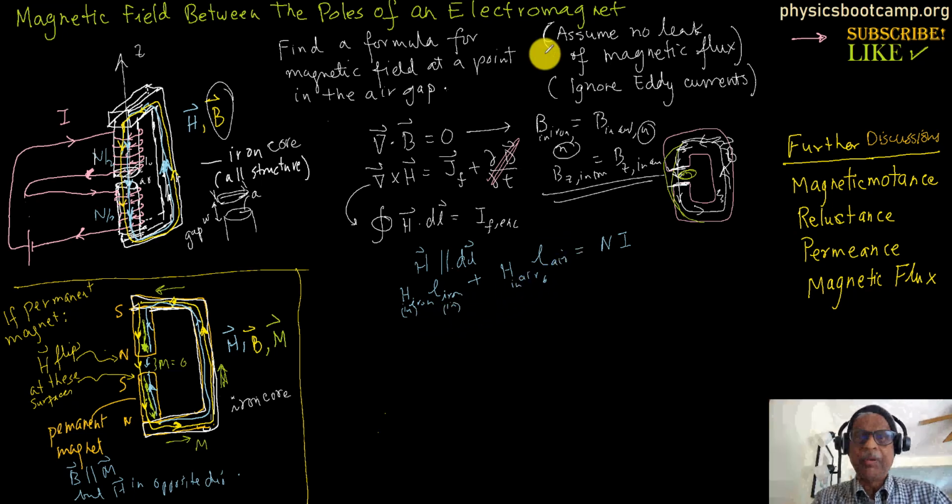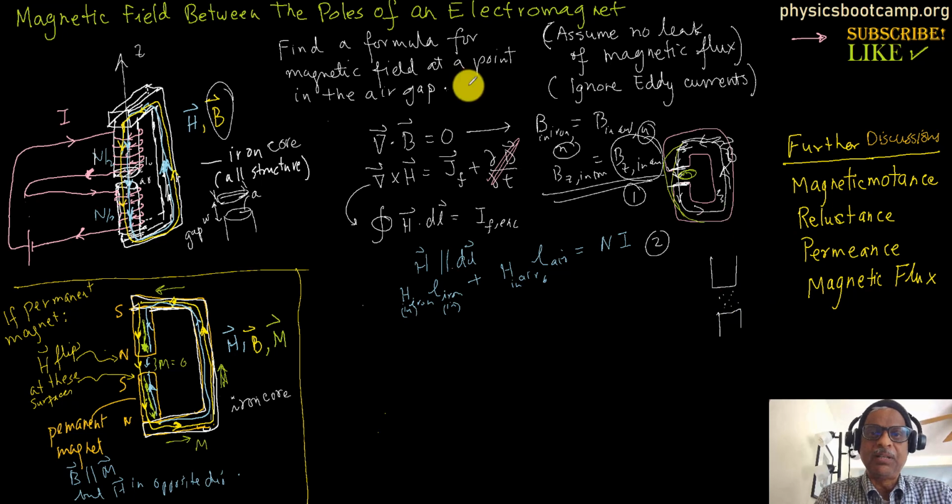So we have one equation here and a second equation here. We only want the field in air, so we want over here, in between the two. We'll assume that this field is more or less the same value, and another thing to assume is that W is much less than L throughout this.